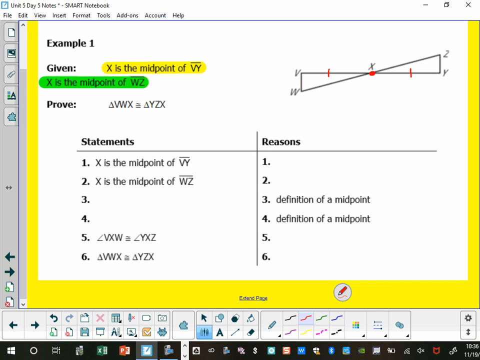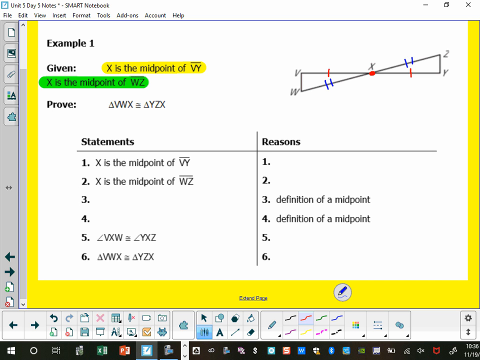XY. Good. For part 2, X is the midpoint of WZ, so WX is congruent to XZ. We just filled that in because we know our vocabulary and we wrote in what they gave us.